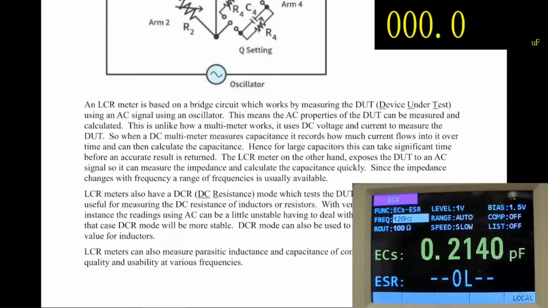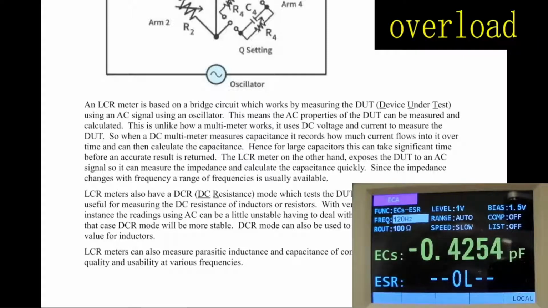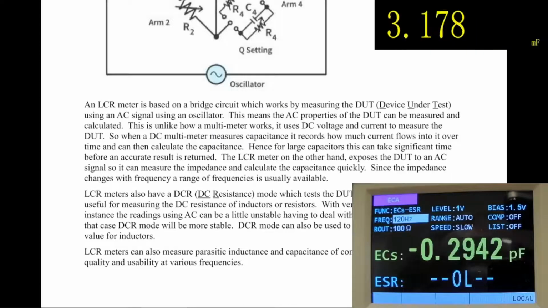What it is doing is measuring the amount of current that this thing is absorbing, and I think the voltage that it's supplying might be a bit low or something, and for a big capacitor like that, it just takes forever. And it's auto ranging as well. It says overload for a while, and then finally it's narrowing down.